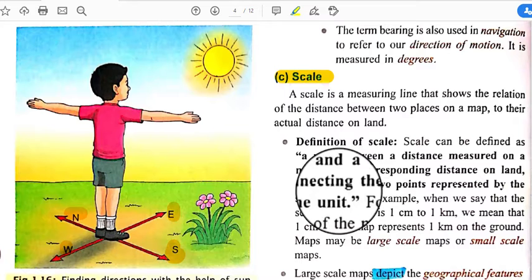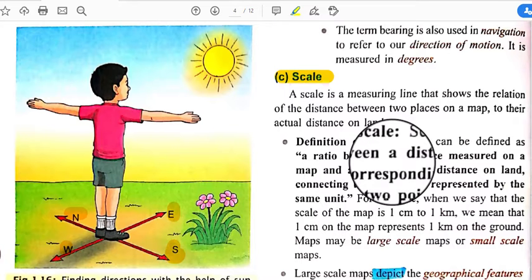Sometimes we draw a line for delineating a place, say from Tufanganj to Coachbihar, where the distance is 20 kilometers. We cannot easily draw a line of 20 kilometers in our copybook.